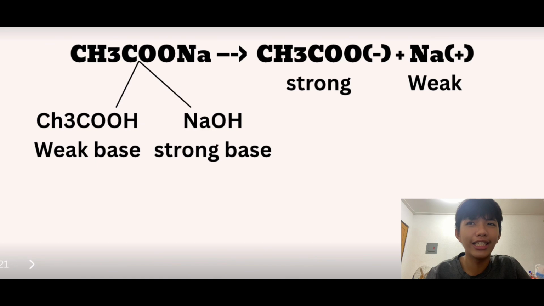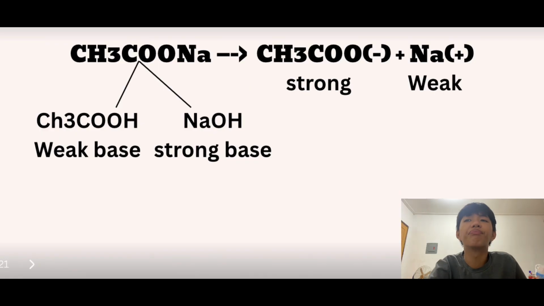As you can see here on the right, ionization or dissociation: CH3COONa becomes CH3COO negative plus Na positive. We just separated it, but without those extra elements, like the Na; there is no oxygen and hydrogen, and CH3COO has no hydrogen.